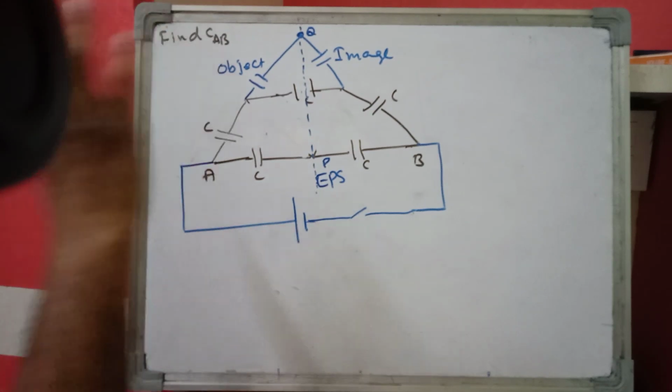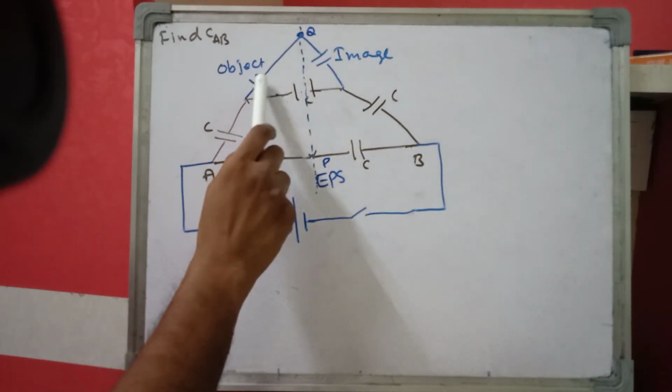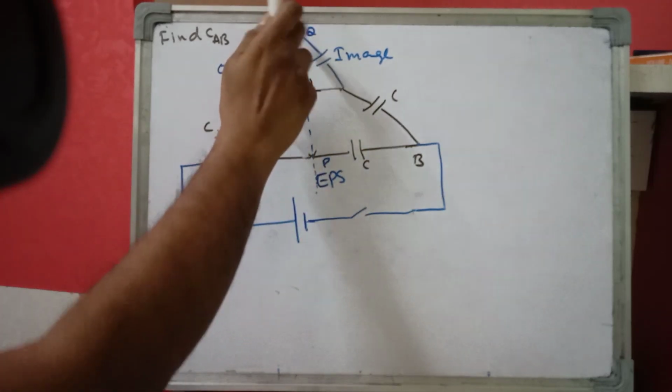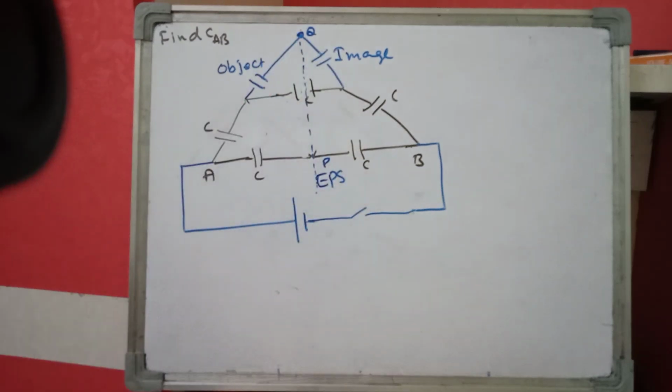Now all capacitors are identical. While moving from this capacitor to this capacitor, there will be no splitting of charge. That's why these two capacitors are in series.